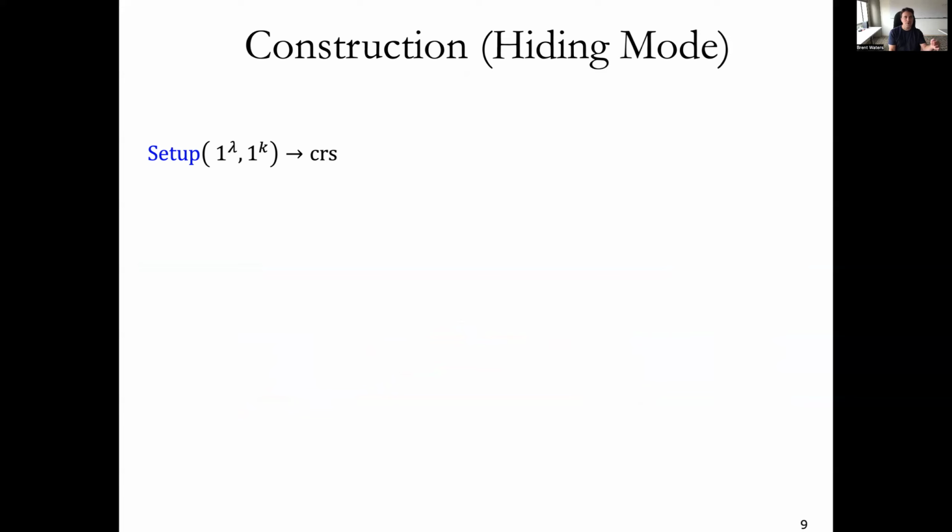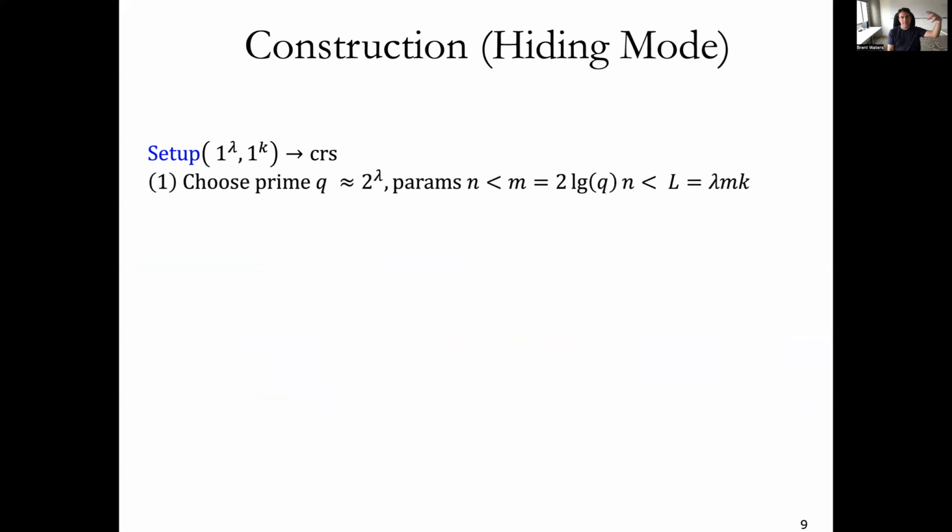Okay, so let's first look at our construction in hiding mode. So in hiding mode, we'll have this setup algorithm, and the first thing we'll do is choose a prime q, roughly of size 2 to the lambda, and then pick lattice parameters n, and then m, which would be about 2 log of q times n, and then finally a parameter l, which I'll put here as roughly lambda times m times k. So the important point here is that L is much larger than M, and this will be important. Next, it's going to choose matrix U in ZQ of dimension n by L, so a very wide matrix.